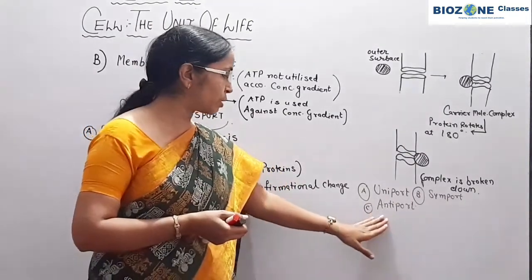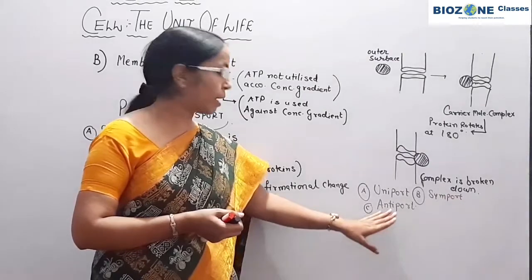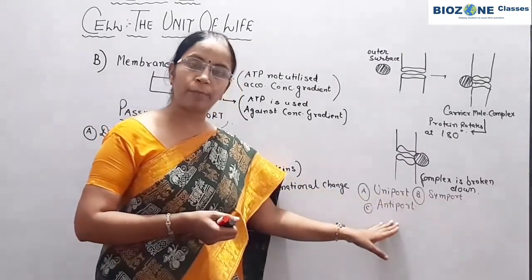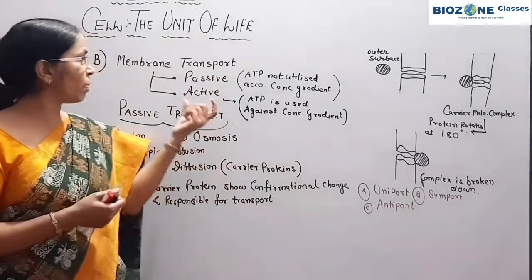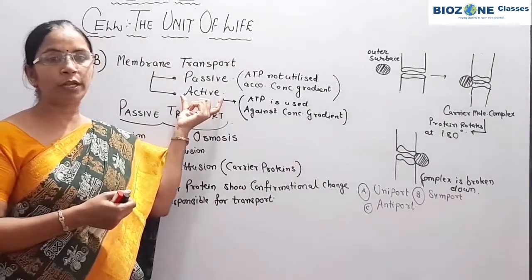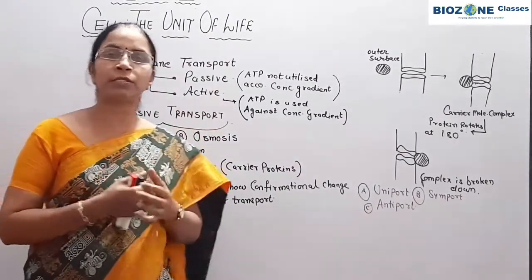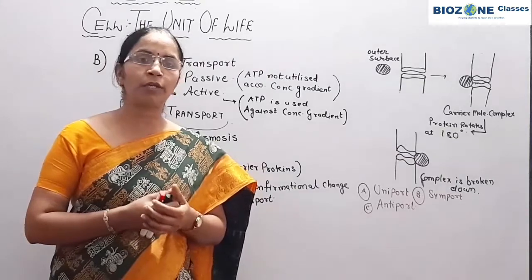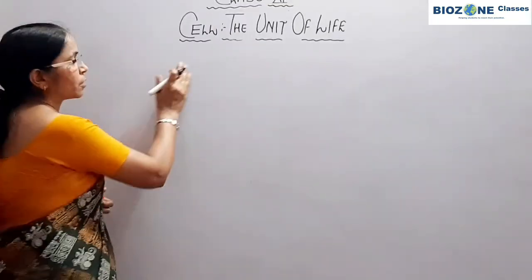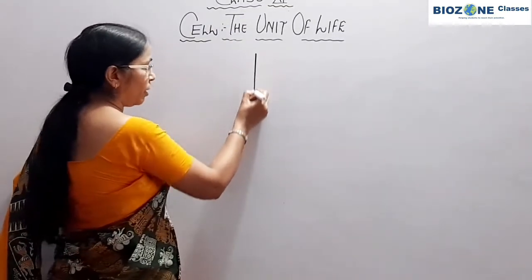So now first we study what we understand by uniport, symport, antiport, and then we discuss active transport. In active transport we mainly study the sodium potassium pump. So here first we discuss uniport, symport and antiport.